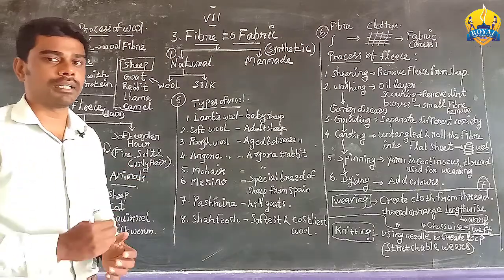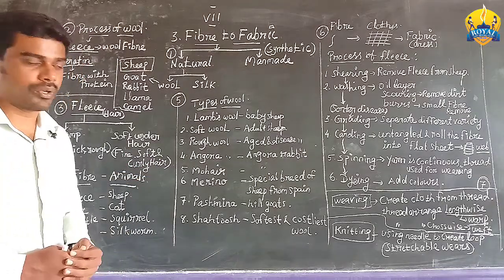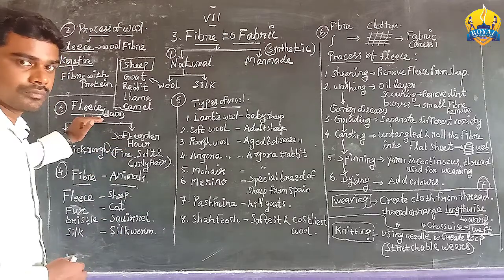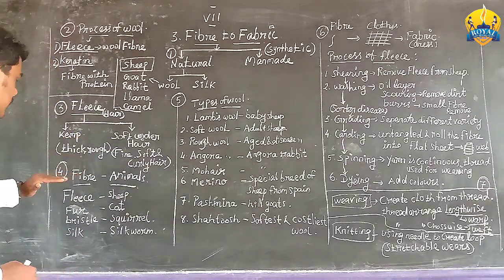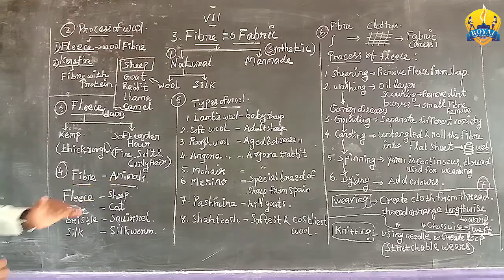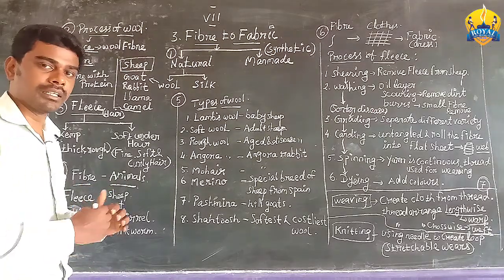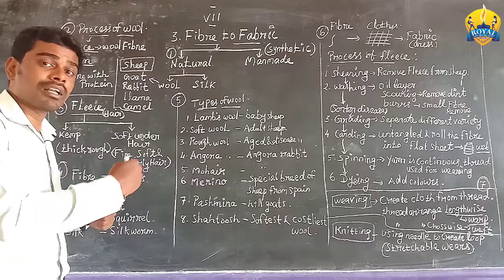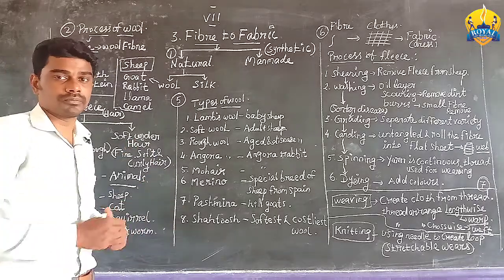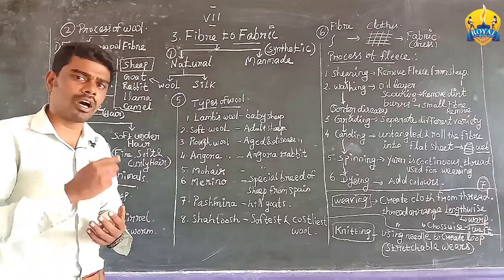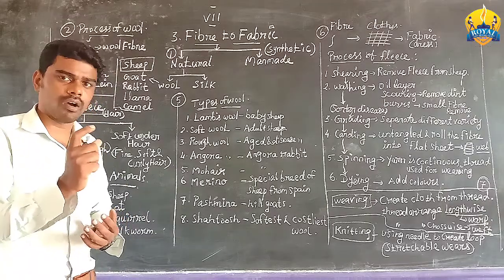It is obtained on the sheep. This is another type of fleece. Okay, then fourth thing, fiber and its animals. What are all the fibers? We know very well. And what are all the sources there? We know that different kinds of organisms contain hair on their body.